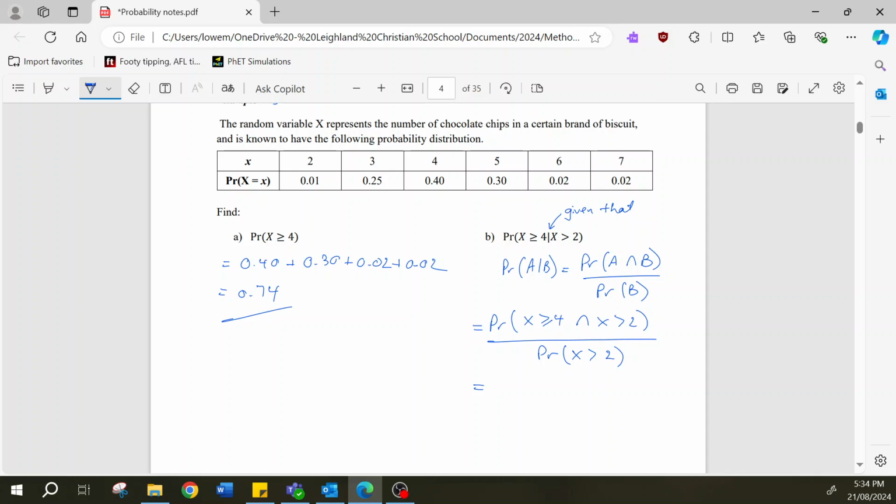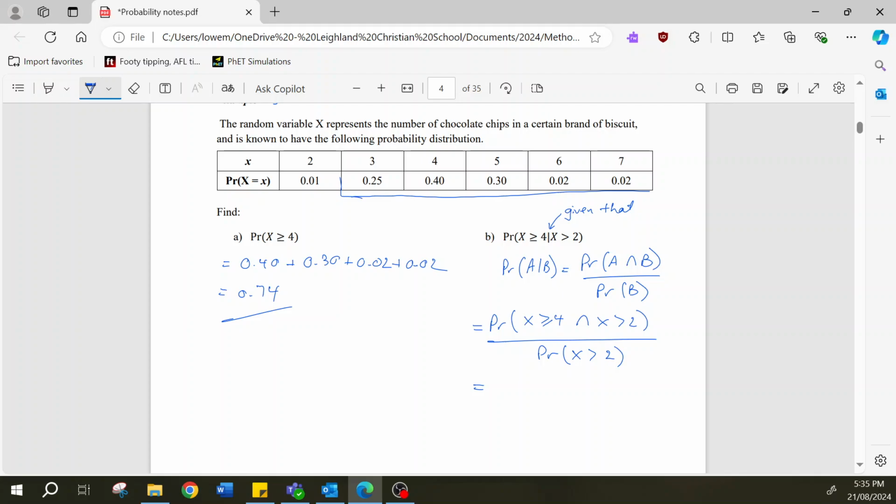Let's have a look at the numbers that we've got on here. We're looking at this set of numbers, because what's the probability that x is greater than or equal to 4 and it's greater than 2, which is from there.